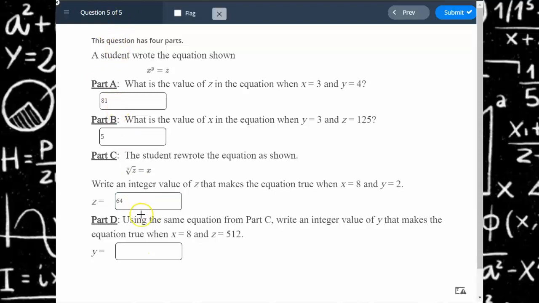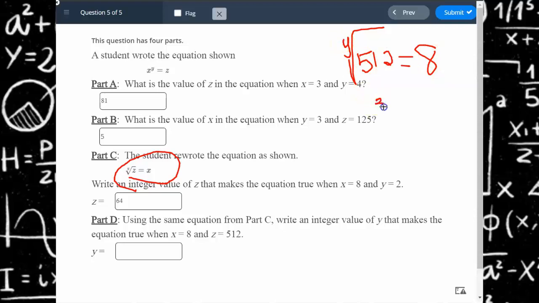Okay, part D. We're using this equation from part C, and we want to know what is y. Y is the value that we don't know. They're telling us that z is 512, and that is equal to x, which is 8. I'm going to first try 2, because this has to be an integer value. The smallest value that an index can be is 2, and I know that 8 squared is 64, so y cannot be 2.